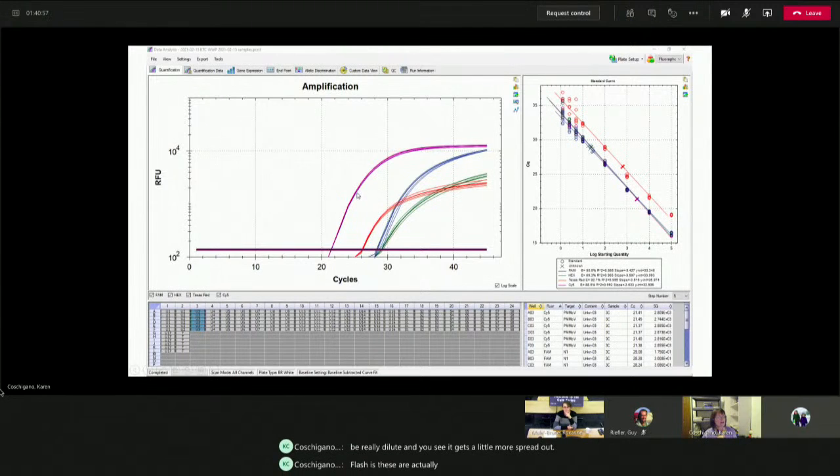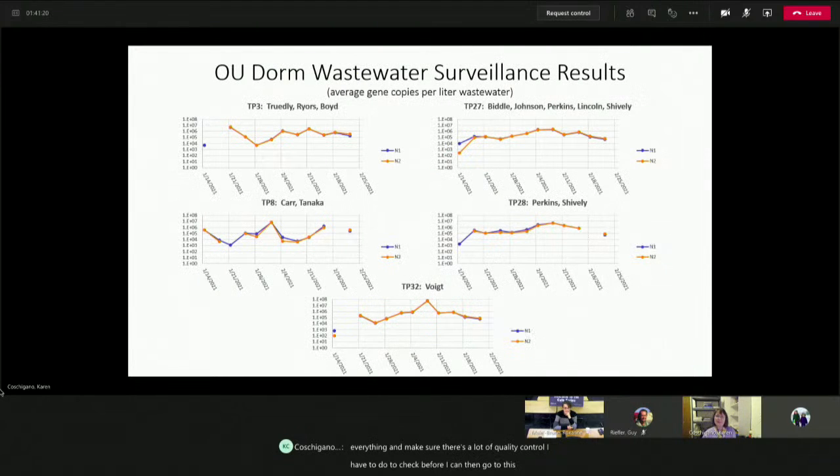These are actually the samples coming from this wastewater. You can see they're lying here on the standard curve. So this is the BCOV standard curve, and the other three are right on top of each other. So there's lots of controls built in, and I have to look through everything and make sure. There's a lot of quality control I have to do before I can go to this point.